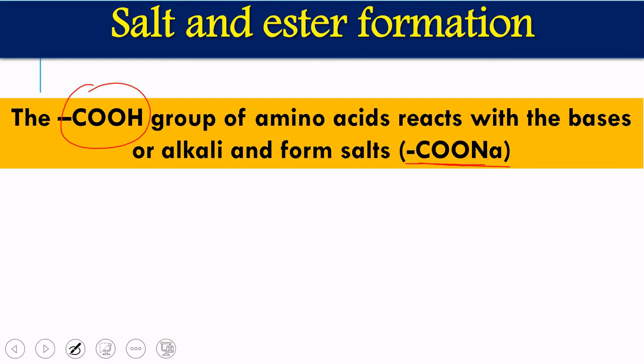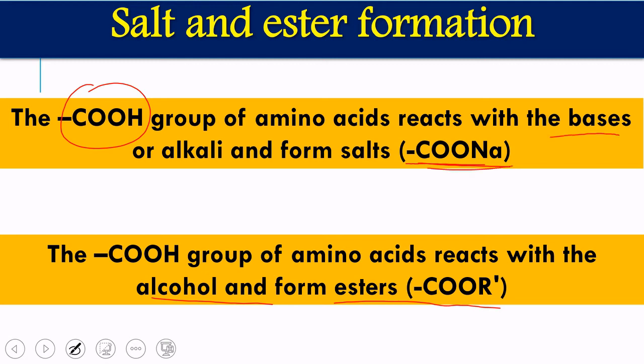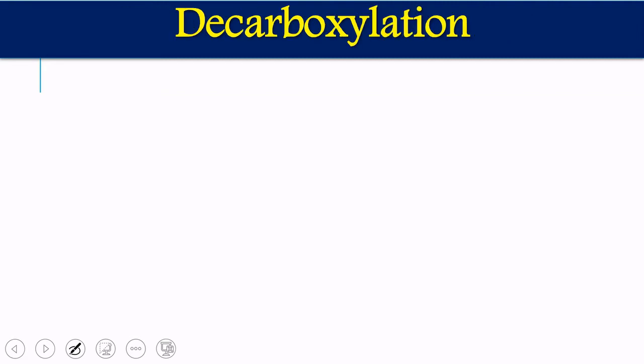This is normal for any amino acid. If this COOH group reacts with any alcohol, it will form an ester. So you have to remember it: the COOH group of an amino acid reacts with alkali or base to give salt, and when it reacts with alcohol it gives ester. That is called esterification.